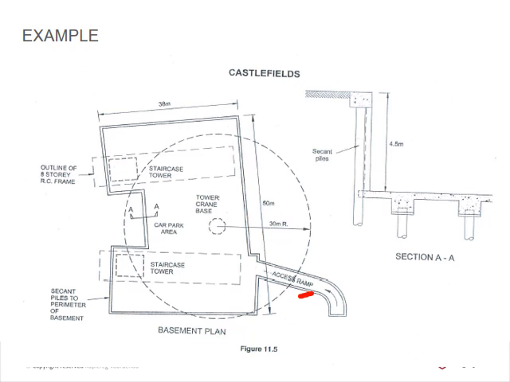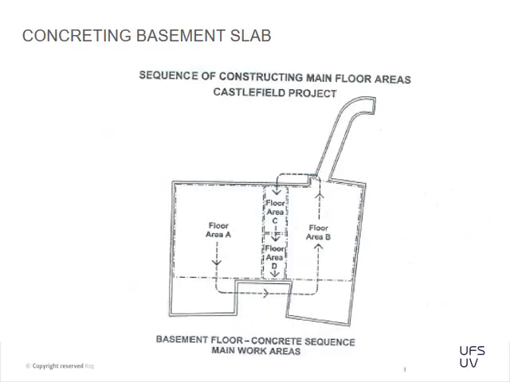Questions so far? So that's the one example. And then they've got the second example, which is just the concrete pour itself. They just show how they're going to do the sequence of the construction of the main floor area.